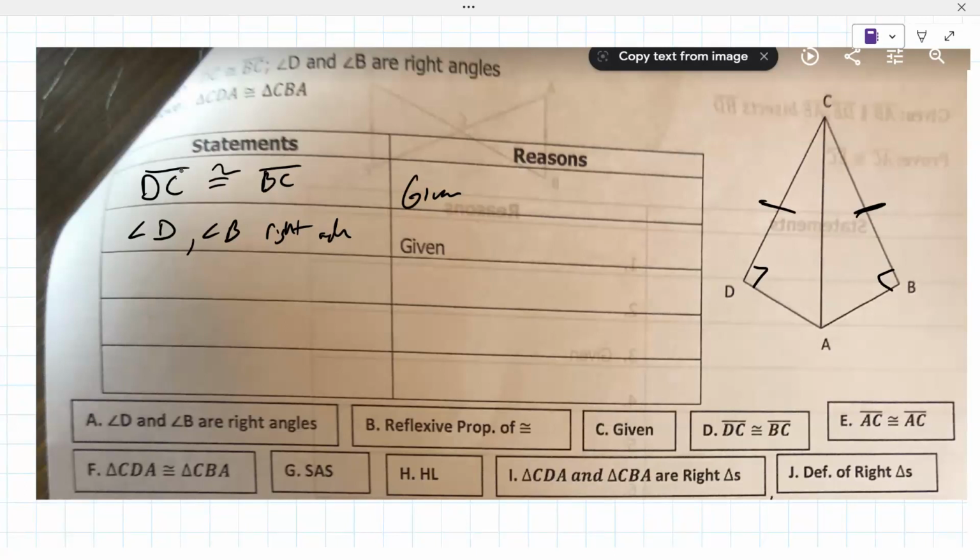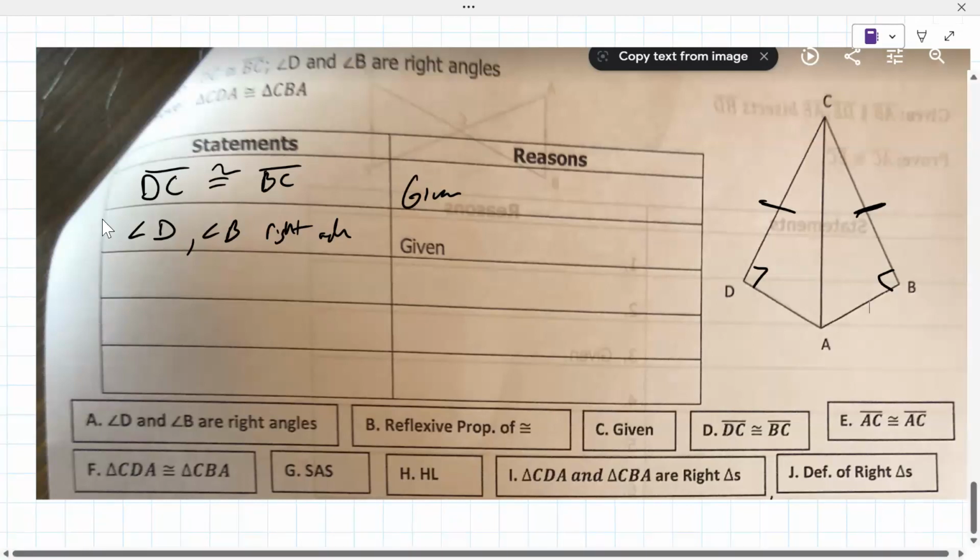And I think you do. So what is the next line based on the fact that they're right angles and we want to show that they're congruent?